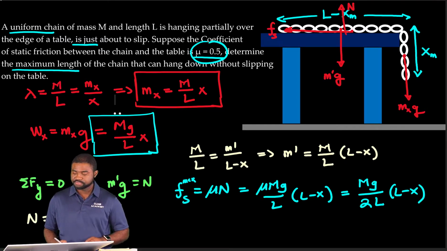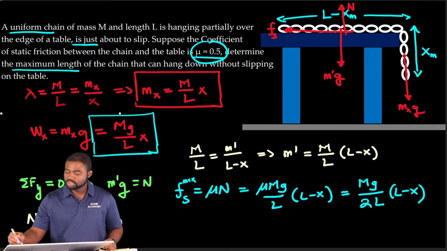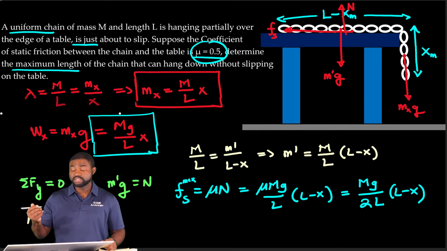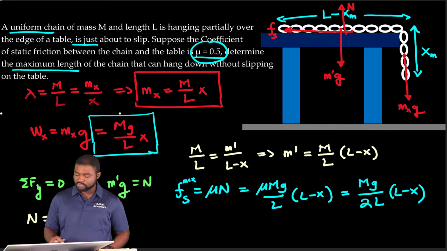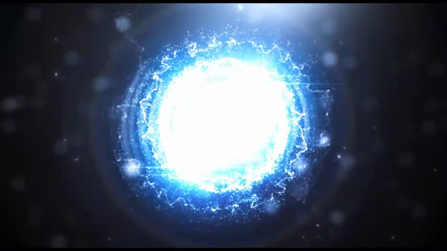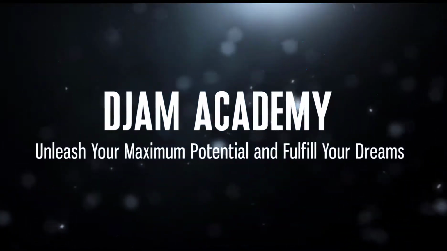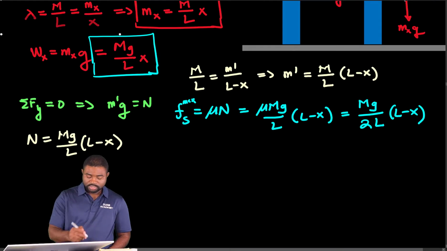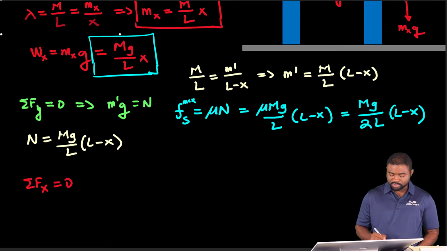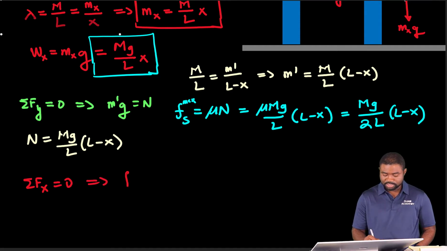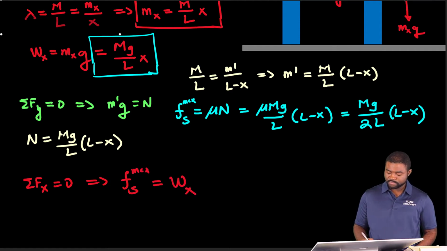Now here's the deal. On the portion of the chain on the table, the force acting to the right is the weight of the hanging portion of the chain. That implies that the sum of forces along the x direction is equal to 0, which means that F of S max will be equal to Wx.